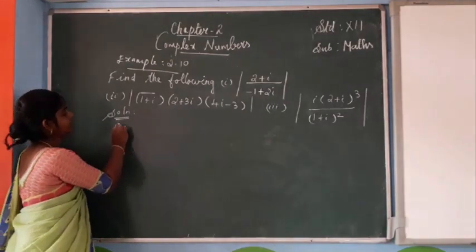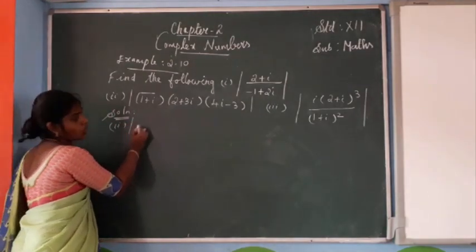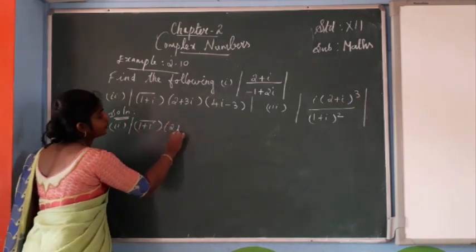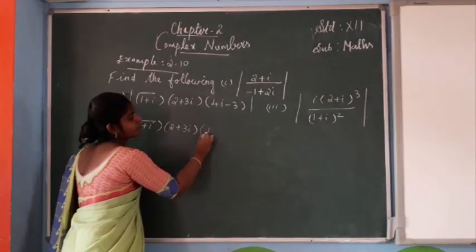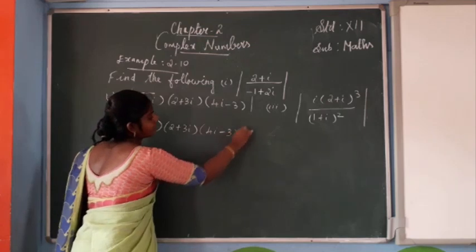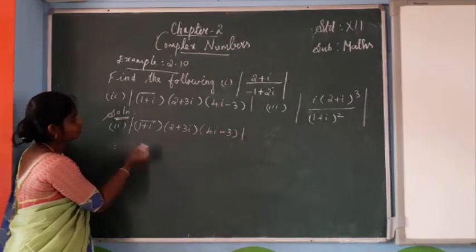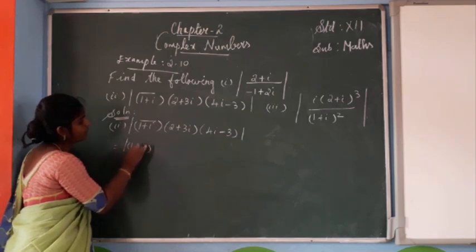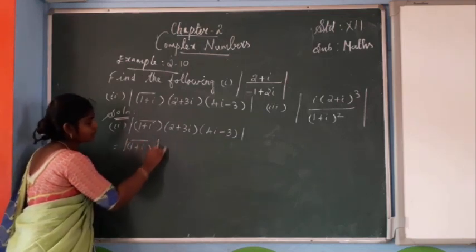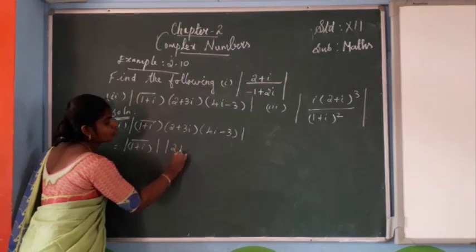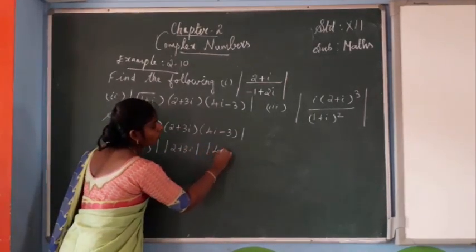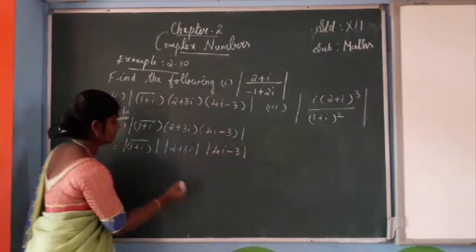Second subdivision: modulus of (1 plus i) whole bar into (2 plus 3i) into (4i minus 3). We can write this as modulus of (1 plus i) whole bar, modulus of (2 plus 3i), into modulus of (4i minus 3).